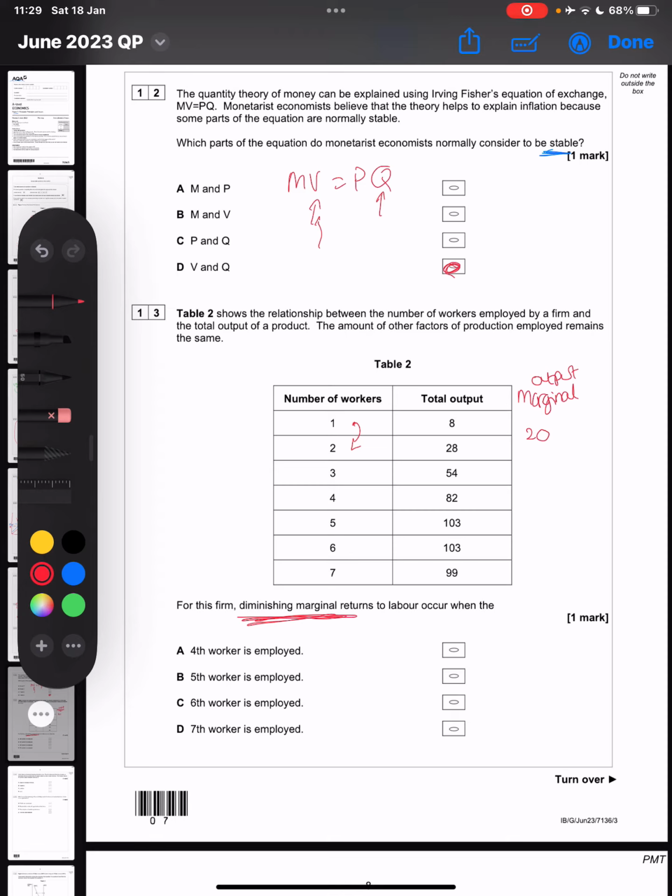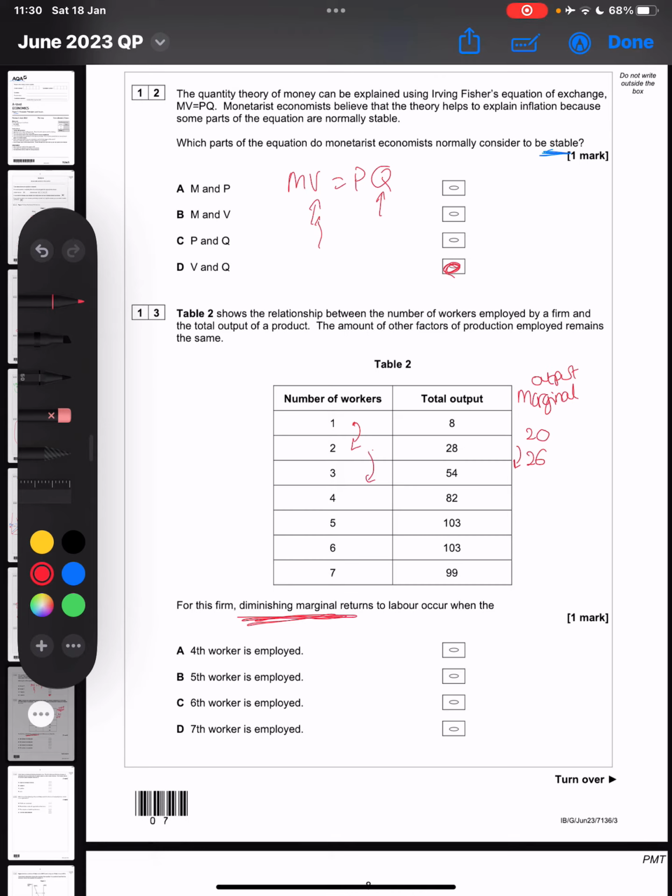And for that to be diminishing marginal returns, I need that increase to then start to decrease. So 28 to 54, maybe I should bring my calculator with me. I probably can do this without the calculator, but it's not happening right now. So this is 26.